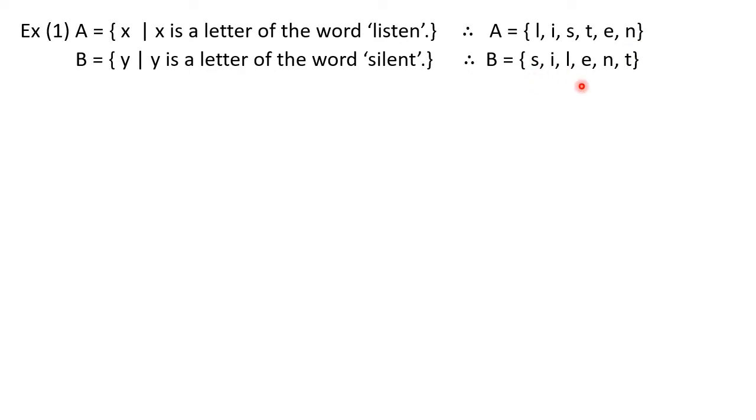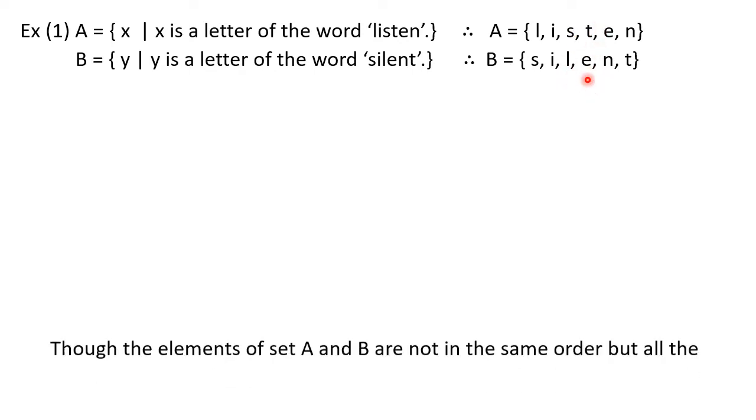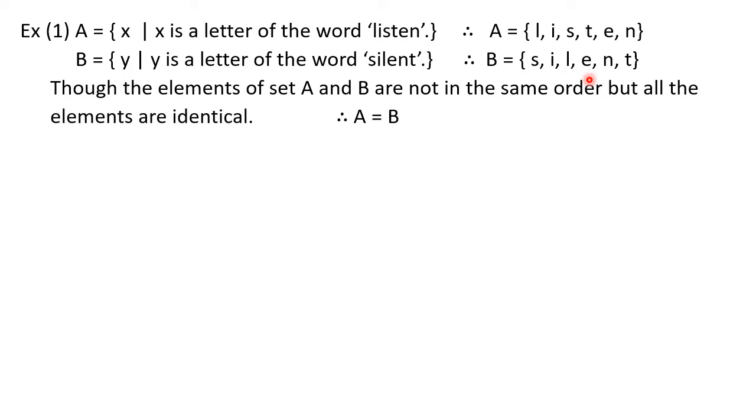Okay. Even if a single element is different, then they will not be equal. All the elements of A should be there in B, and all the elements of B should be there in A. So here we can observe that they contain exactly the same elements. Order is not the same, but still the elements are identical. Therefore, we can say that set A is equal to set B.